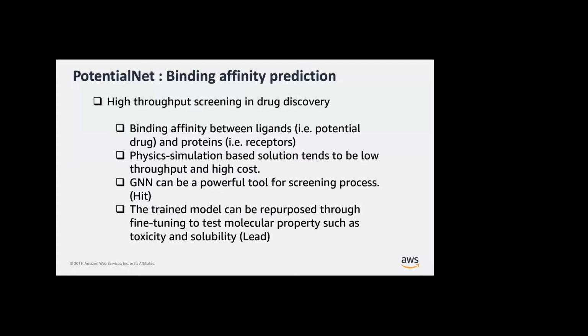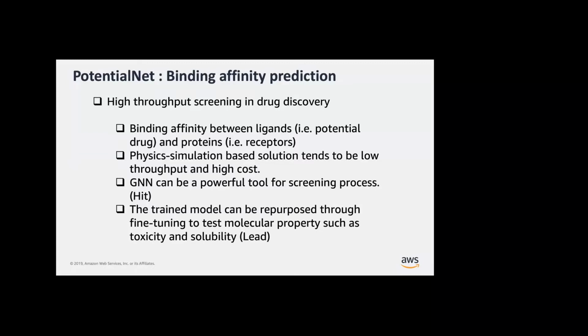They can eventually use this physics model simulator, but at the same time they would like to have more filtering. So what they request from a GNN solution is basically a big throughput.